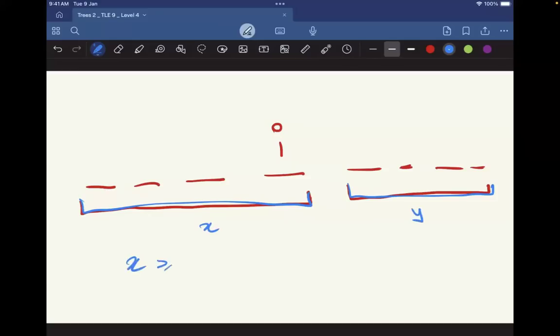If x is greater than or equal to y, then the sum is x minus y. Otherwise, if y is greater than x, then the sum is y minus x. Yes or no, guys? Tell me. If x is greater than or equal to y, then the difference is x minus y. Otherwise, it is y minus x.